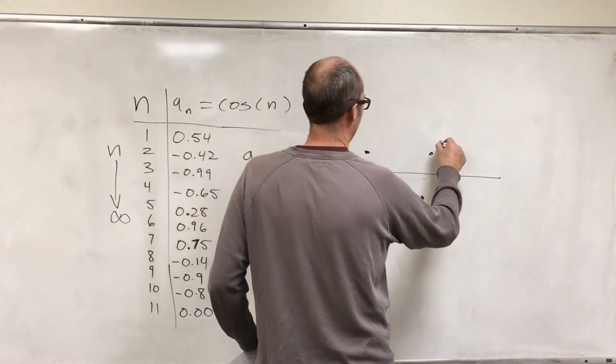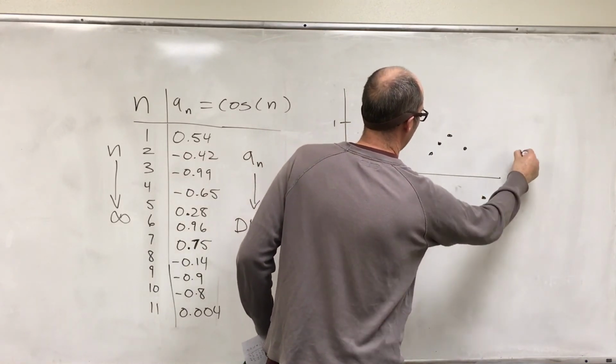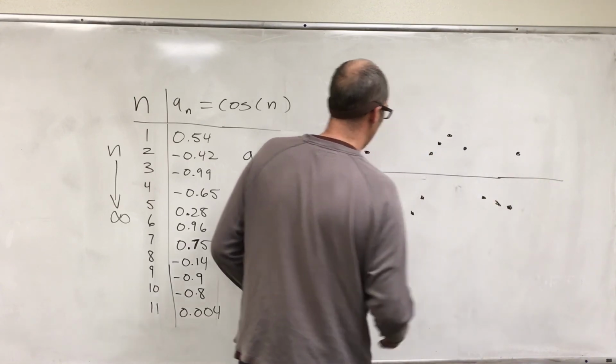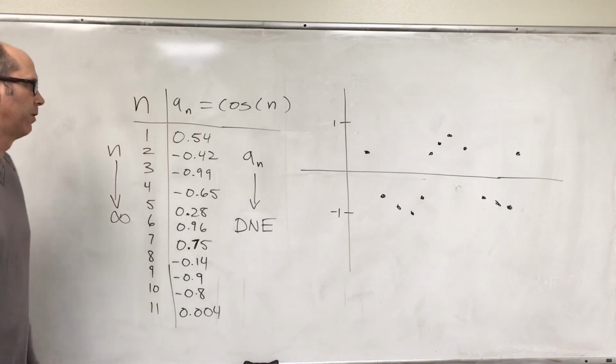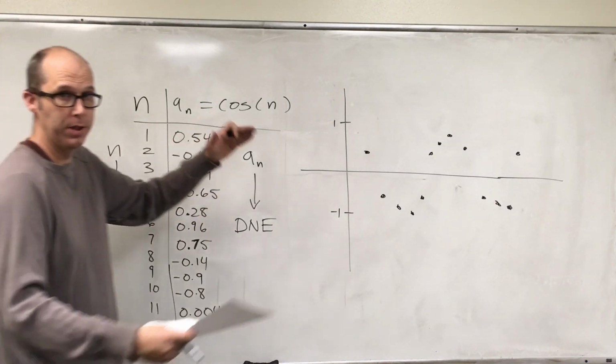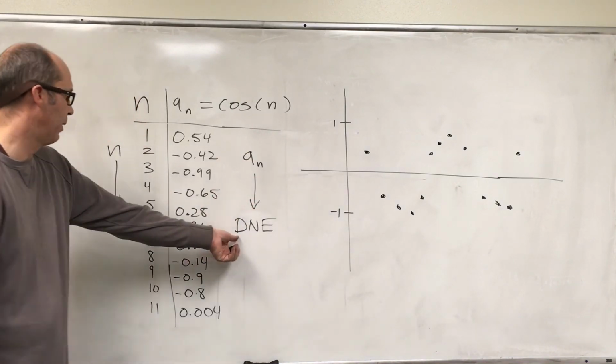Then it's positive again, and it's negative again, then it's positive. There's no real pattern. So it doesn't narrow in on anything like the other two examples. It doesn't narrow in on anything, so the limit does not exist.